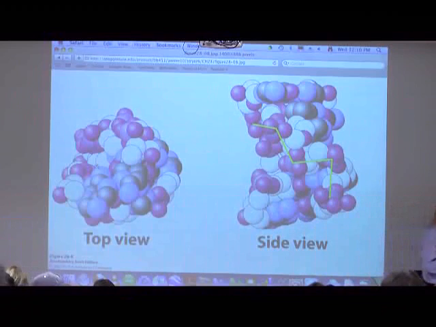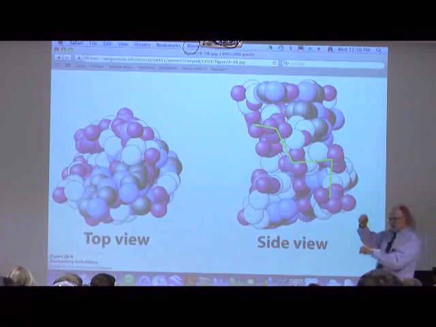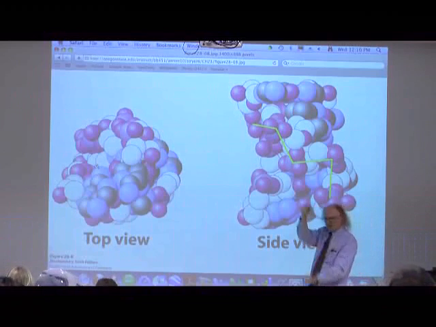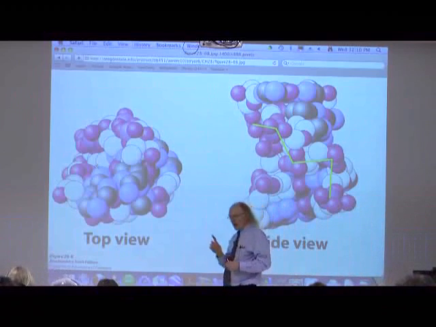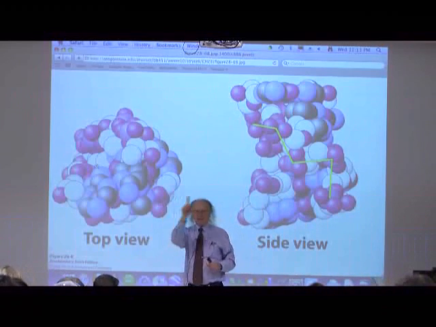Z standing for zigzag. Because in contrast to the A form and the B form, which make a nice, smooth helix, the Z form of DNA is stretched out. So the bases are further apart from each other. And when you look at it, it looks like it goes in a zigzag structure.